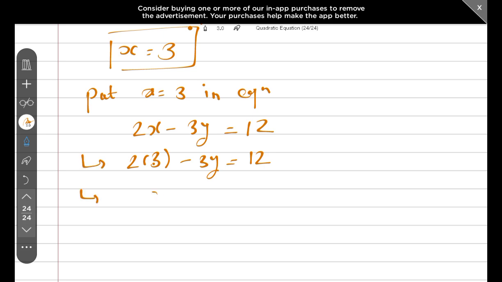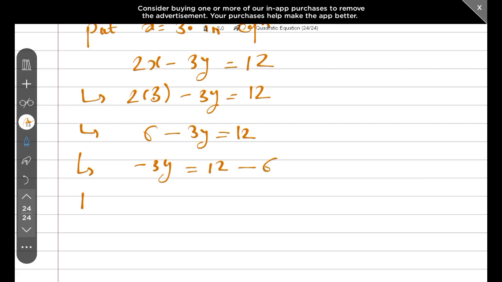Just putting this value of x, I will get such an equation, right? Now 2 into 3, 2 threes are 6, minus 3y is equal to 12. So send this 6 to the other side. So I will get minus 3y is equal to 12 minus 6. Right?